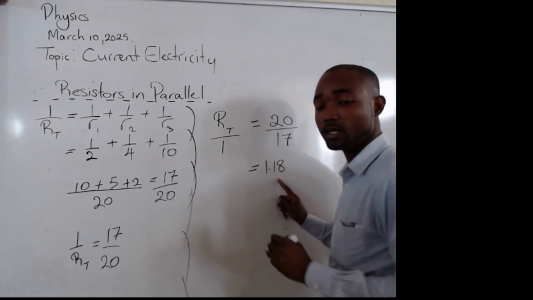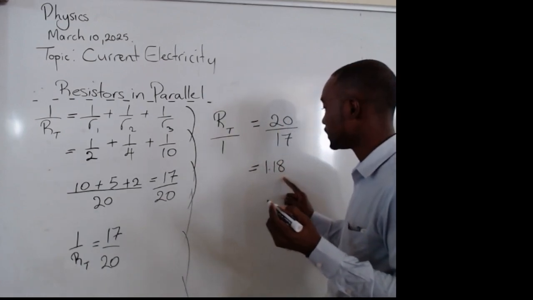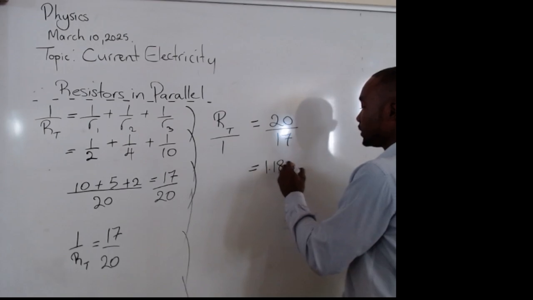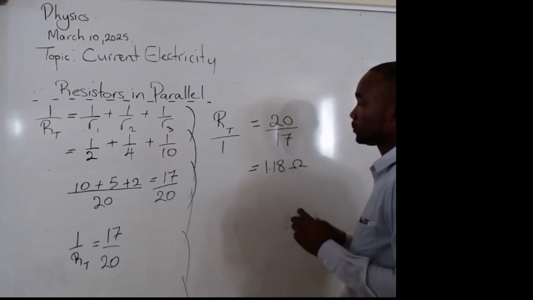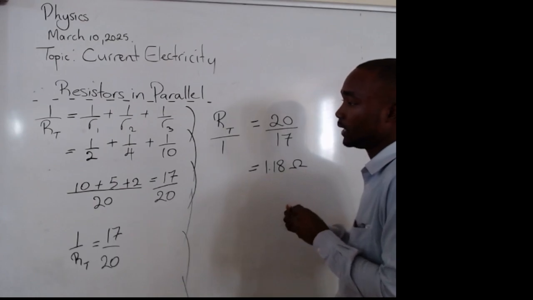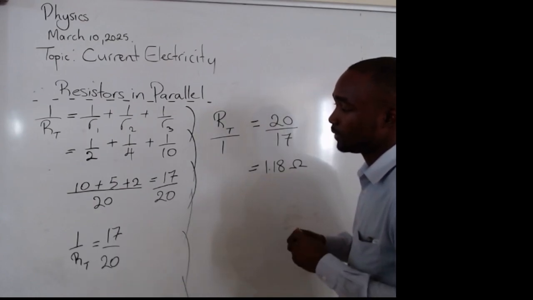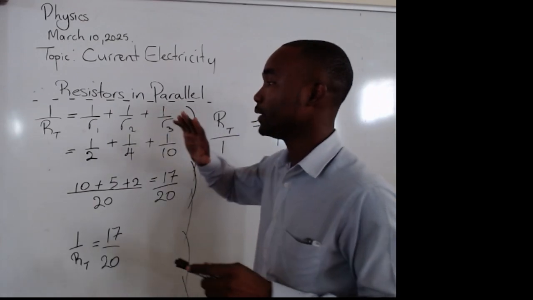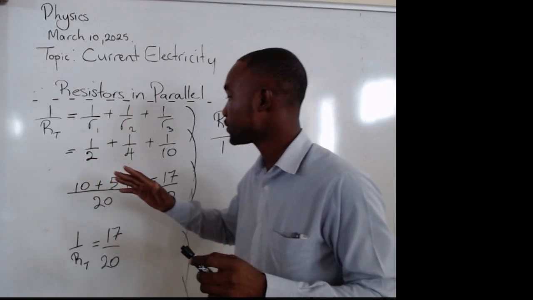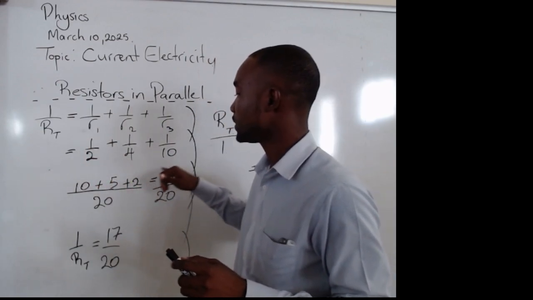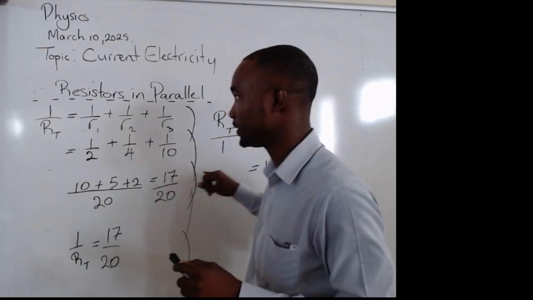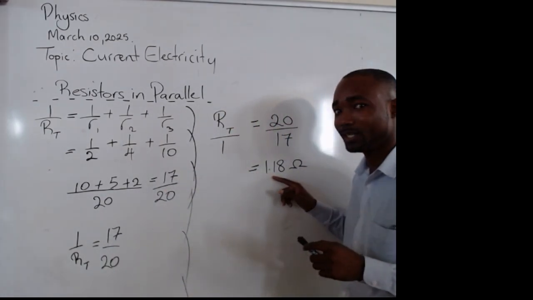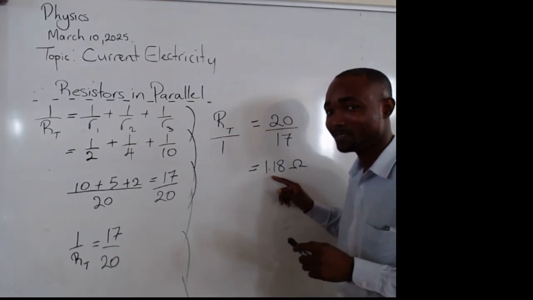So I just rounded it off to 2 decimal places. 1.18 amperes. And that's all. So first, when they were connected in series, we got 17 ohms. Now we got 1.18 ohms.